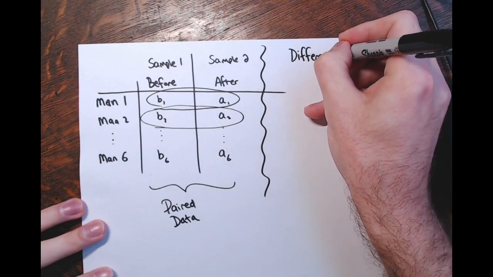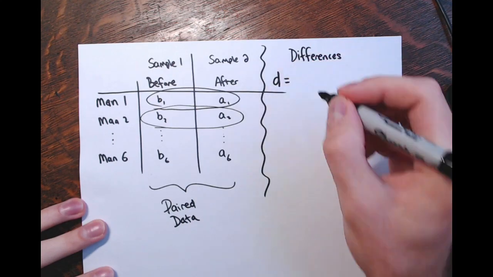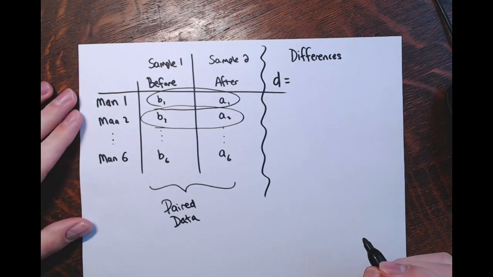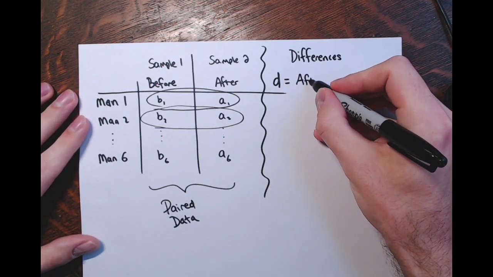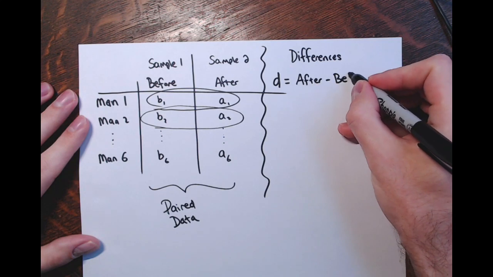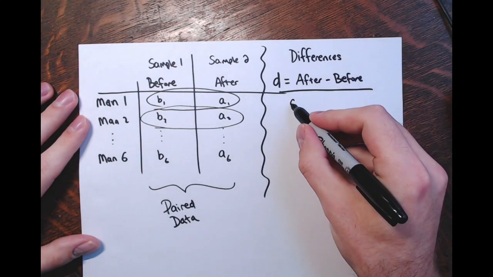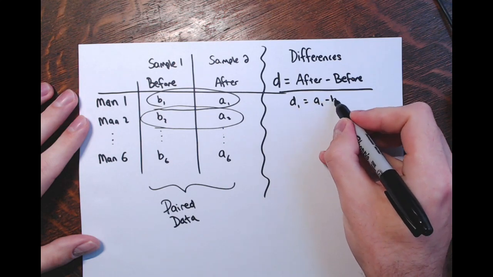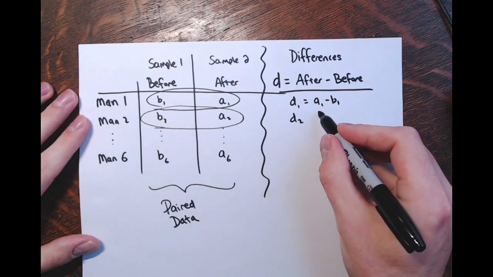I take the differences in these data. Now I'm going to call this D for difference. They're taking the after weight, the weight after the program, minus the weight before the program. So D1 would be A1 minus B1, after minus before, and then D2 would be A2 minus B2, and so on.